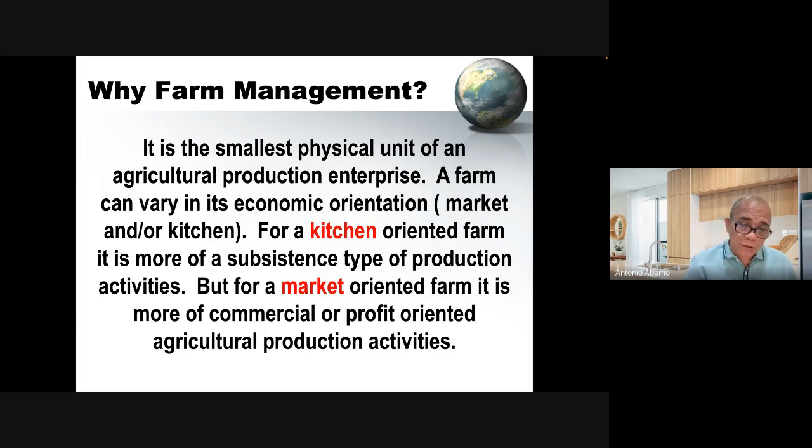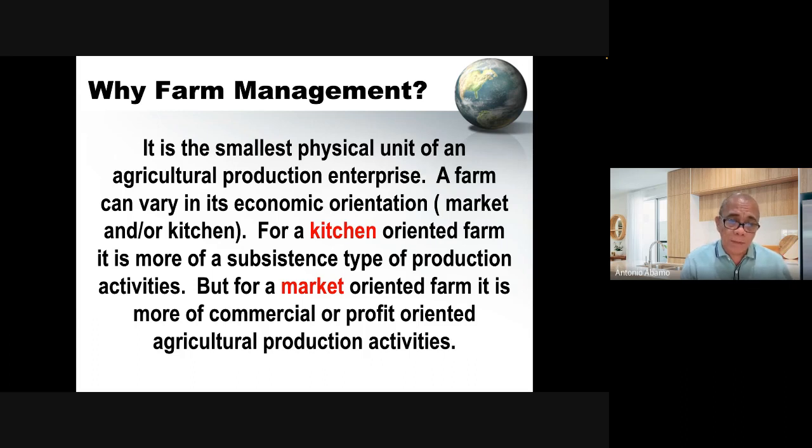Both are very important for developing livelihood, because livelihood does not necessarily mean income or profit. From the very essence of the term, livelihood means a means to a living.